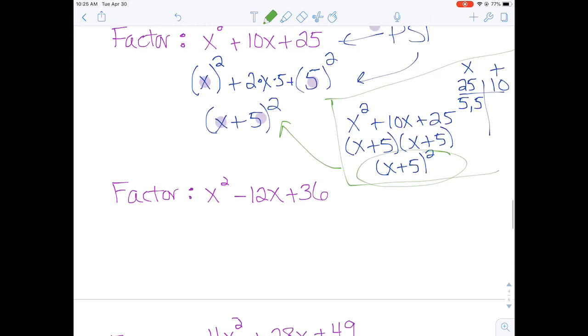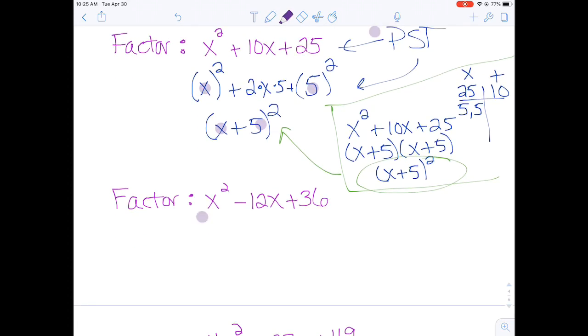And what I'm looking for when I start these is the first term and the last term to be perfect squares. So x squared and 25 were perfect squares. Here, x squared and 36 are perfect squares, so I just have to check the middle. Well, to get x squared, I squared x. To get 36, I squared 6. And then to get the middle term, it would have to be 2 times x times 6.